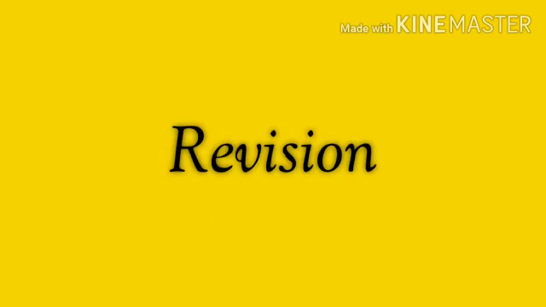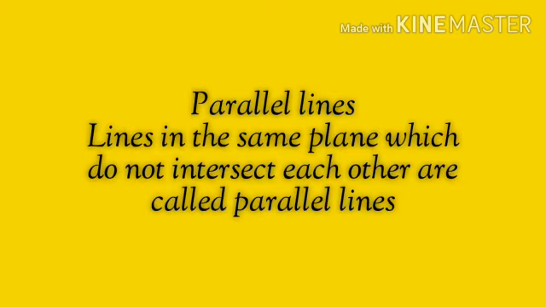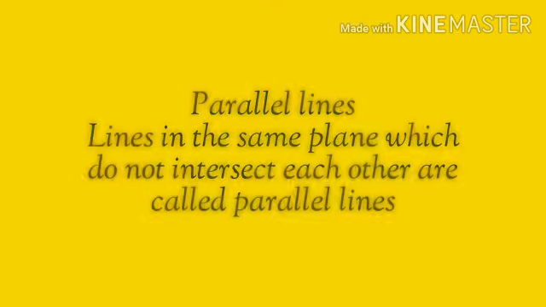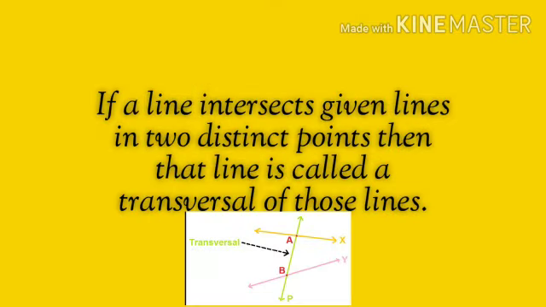Now, let us revise what we have learned. The lines in the same plane which do not intersect each other are called parallel lines. Now, what is a transversal?